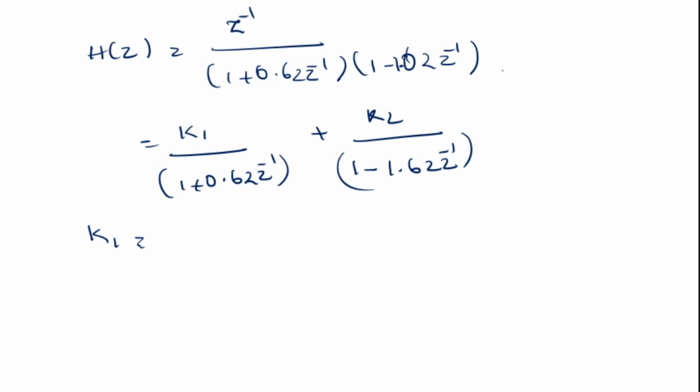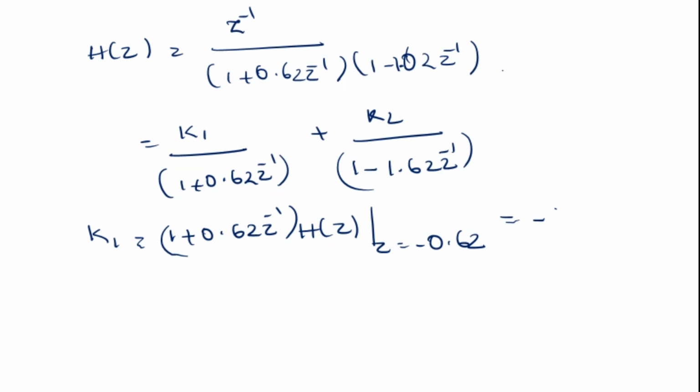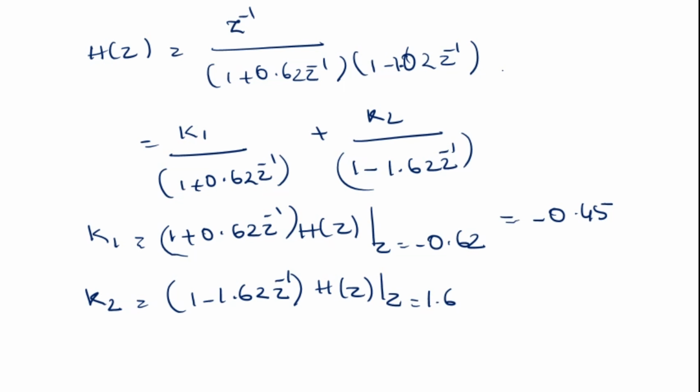K1 is equal to 1 plus 0.62 z inverse into h of z at z is equal to minus 0.62, which is equal to minus 0.45, and K2 is equal to 1 minus 1.62 z inverse into h of z at z is equal to 1.62.